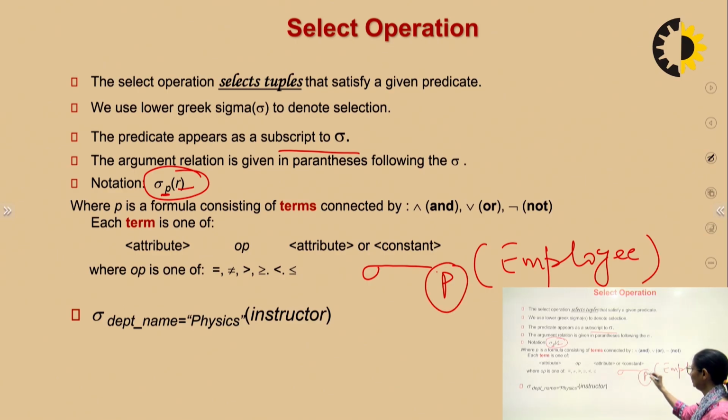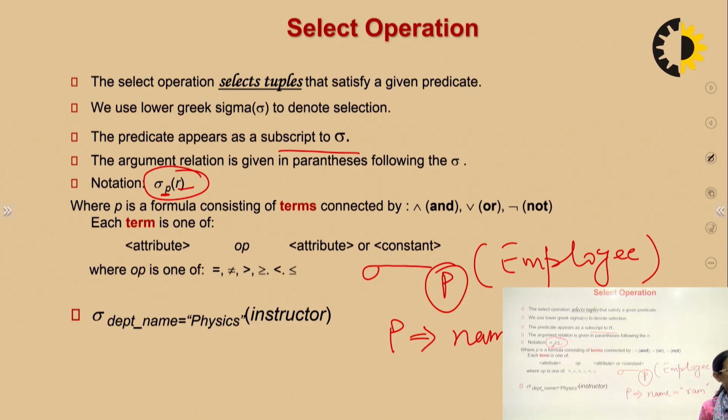Now how will I define this predicate? I want to select all the names having the value Ram in it. So that is the predicate. In this case, it becomes name equals to Ram.